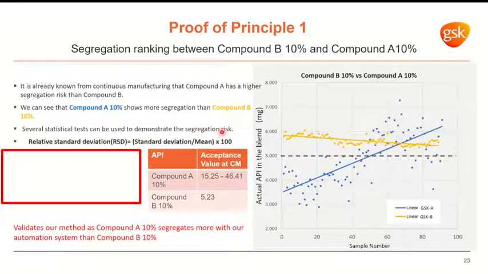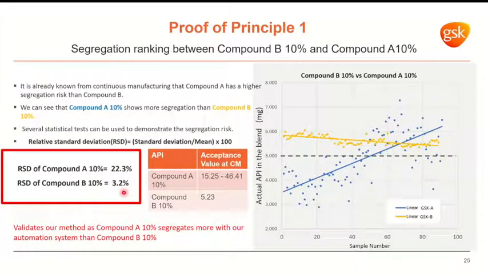Now we subjected this to our statistical test, which was the relative standard deviation, which is standard deviation divided by mean multiplied by 100. And when we did the statistical test, we saw that compound A is showing a much higher segregation than compound B. So the conclusion that we got from our machine was the same that we were getting from continuous manufacturing.